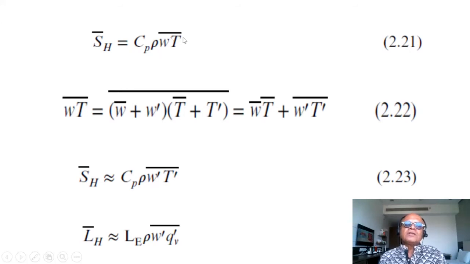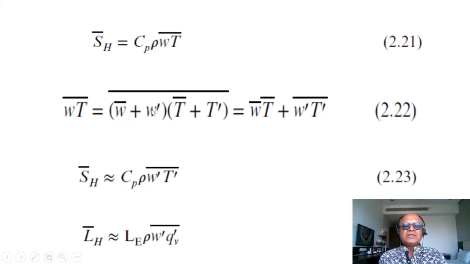How does it work? If there is a temperature difference and there is vertical motion induced by the difference, to smooth out the gradient. Nature doesn't like gradients. Then let's say turbulent exchanges happen with which these gradient removals happen. You can write that WT term as W bar plus W prime. Let's say there is a background wind over which this turbulence is happening, and the temperature also has a mean and a perturbation.